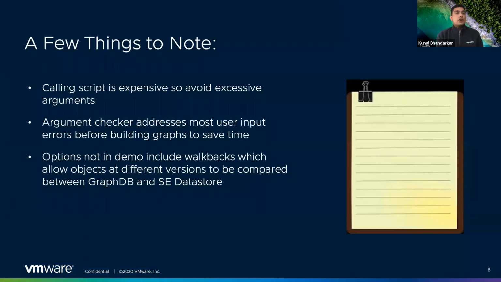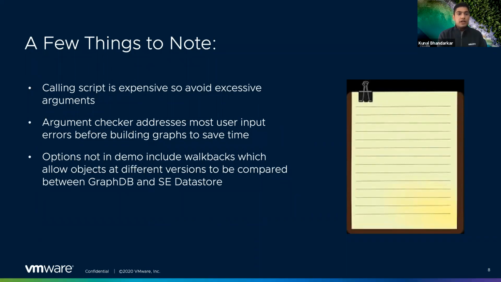And again, a few things to note is that calling the script is a little expensive. As you saw when I was running the script, it took maybe about 6 seconds to run on one root object and maybe 10 to 12 seconds to run on multiple root objects. So it's important to avoid using excessive arguments. If you don't really care about seeing an object graph for a certain root, because you're really just trying to see a diff that's on one root object, there's no reason to pass in multiple roots because those would not be useful to find the diff.